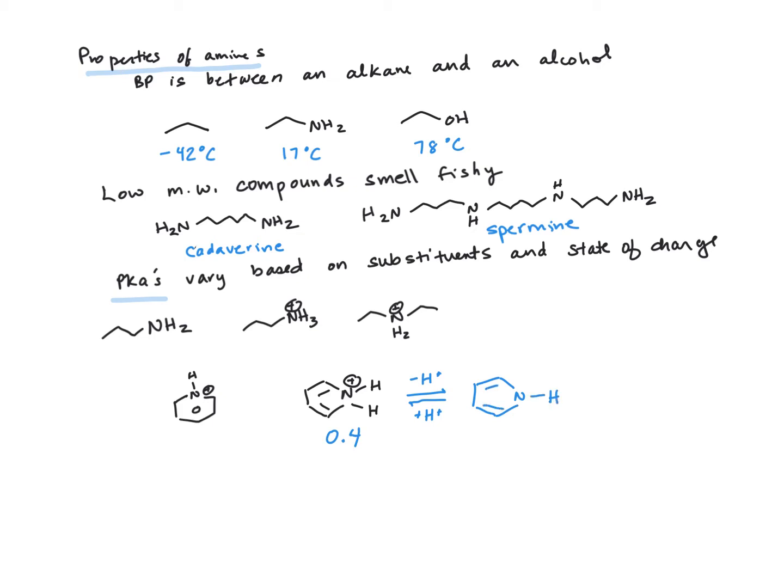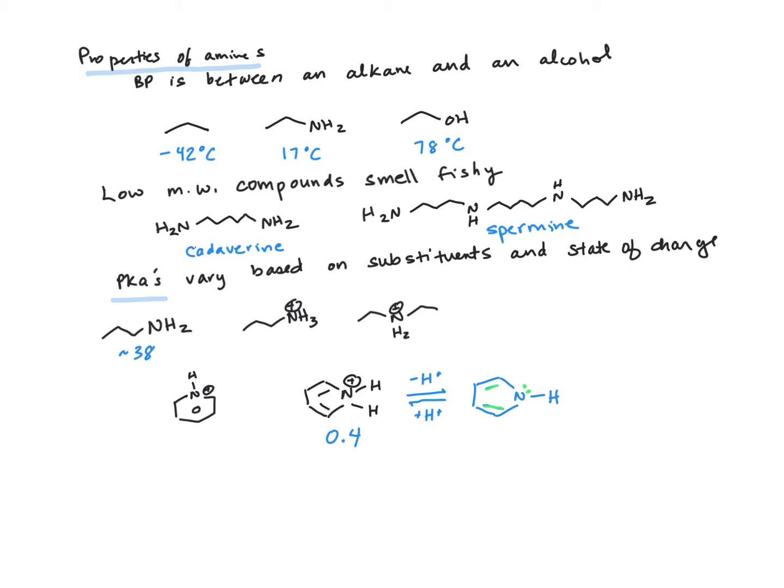That's because when this molecule loses a proton, it becomes aromatic. So there's a driving force for it to lose its proton. The least acidic compound is the neutral amine that has a pKa of around 38.